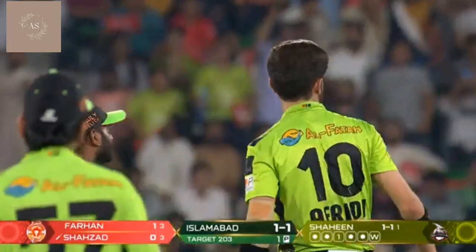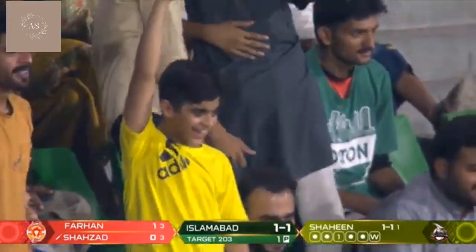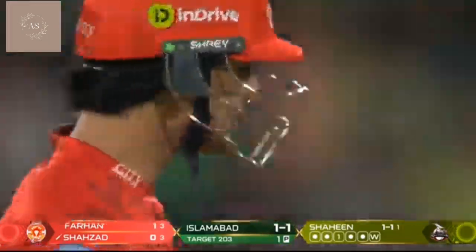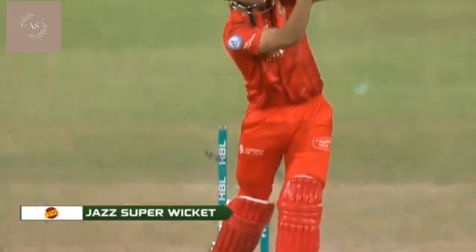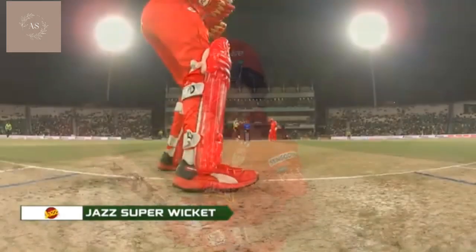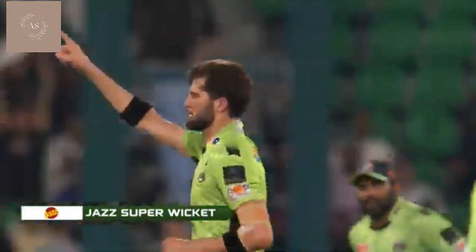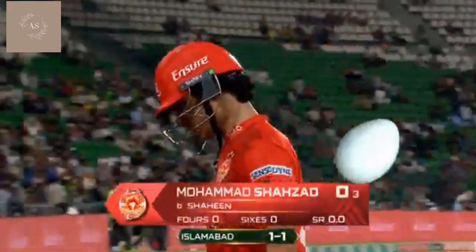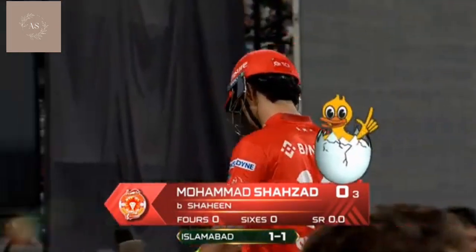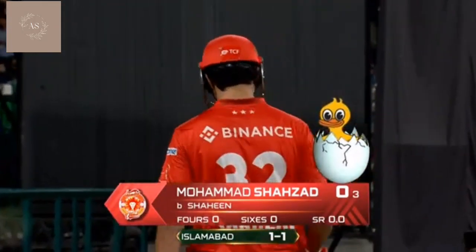Fabulous delivery, fuller in length, and this time it is all over. No need to ask the umpire. Wow, what a delivery. Magnificent delivery. That is out. Comprehensively bowled. Jadad has to go for the dreaded duck. Islamabad in trouble, 1 for 1.